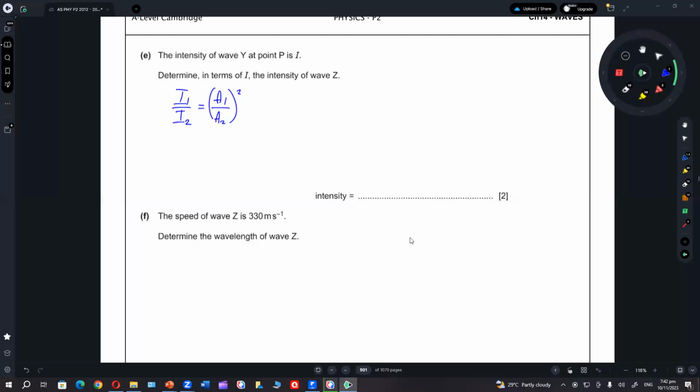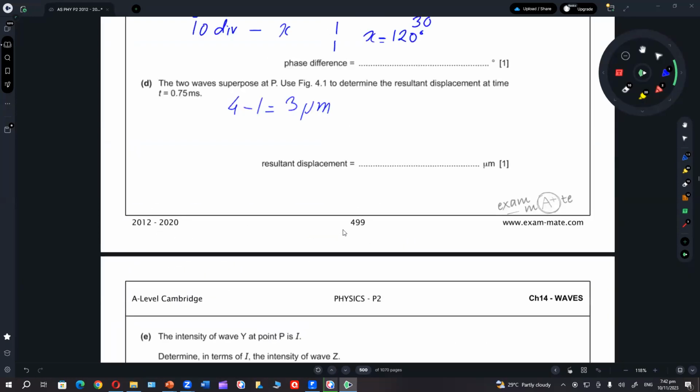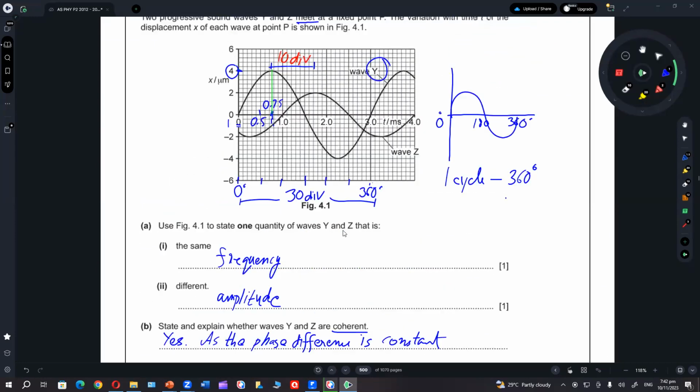Please, how do we do part number E? So we convert, yeah, one wave has an amplitude 4 and the other wave, if we read from here, has an amplitude 2.